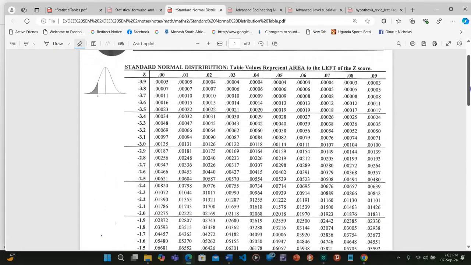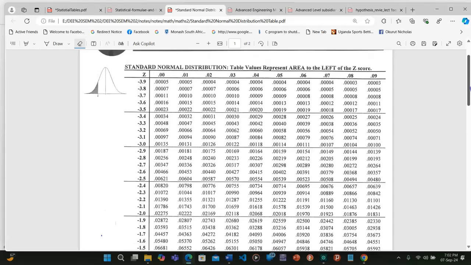The z value that corresponds to a probability of 0.05, because if it corresponds to 0.05, then it is also giving us the 95% confidence. 95% confidence has a 5% level of significance, and we are talking about the probability being 0.95.